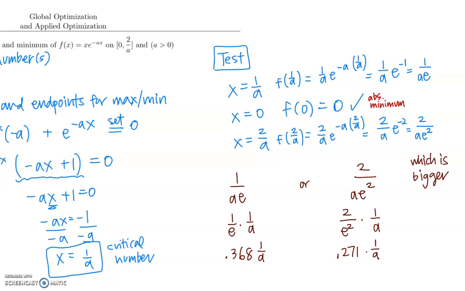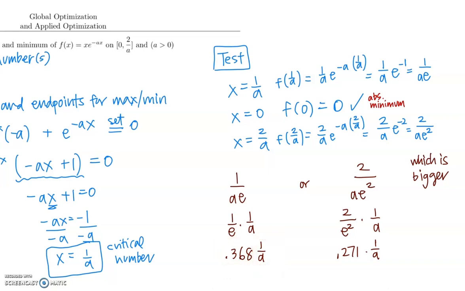Okay, so I have 0.368 1 over a's, or I have 0.271 1 over a's. Again, a is a positive number, and so this will be some positive number, 1 over a. And so I have 0.368 of them here, and I have 0.271 of them here. This has to be a bigger number because I have a larger share of the number 1 over a.